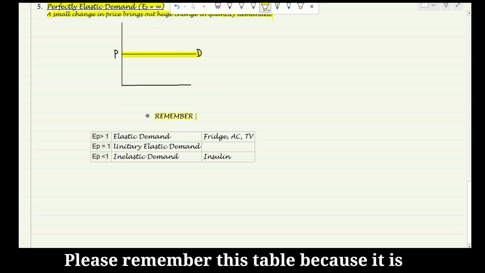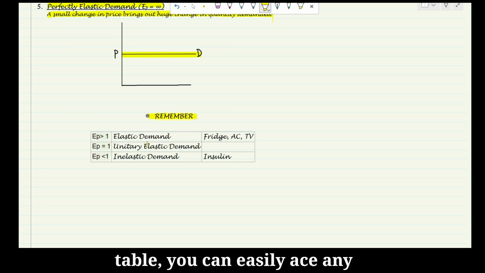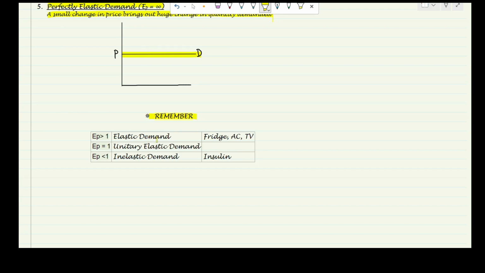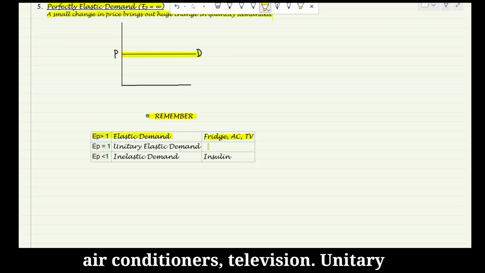Now please remember this table because it is important, and if you remember this table, you can easily ace any question related to elasticity that is asked in your exam. Okay, elastic demand, price elasticity is greater than 1. Examples are a refrigerator, air conditioners, television.